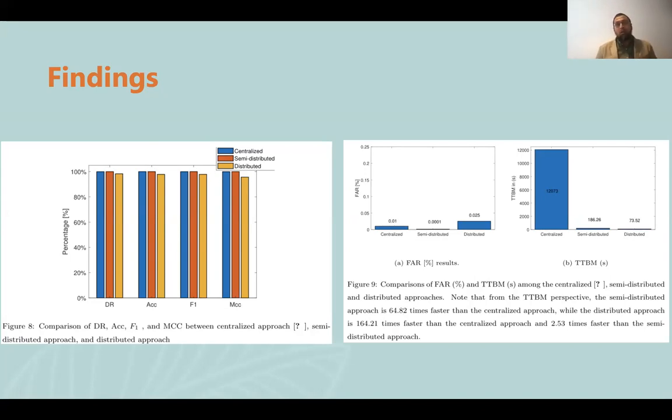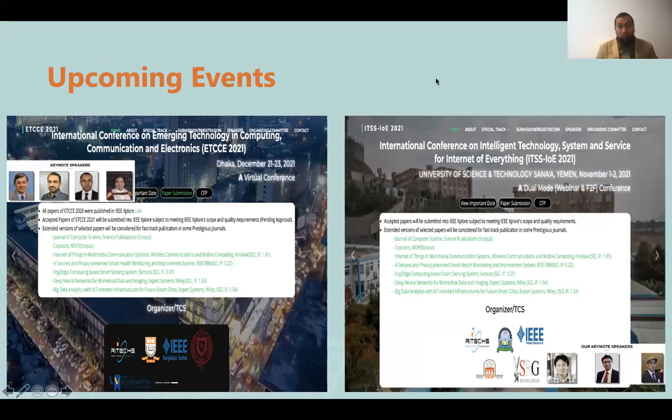As I told you, this is a wide area, so you can do a lot of work here. And then I would like to utilize this opportunity as we are involved with a lot of upcoming events.